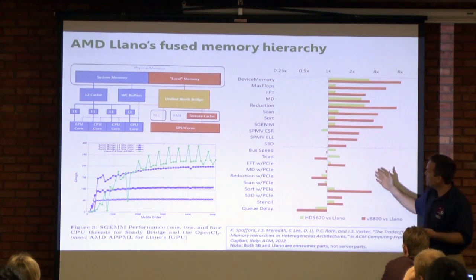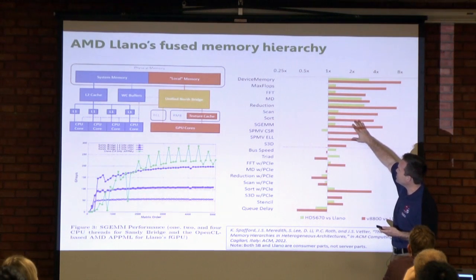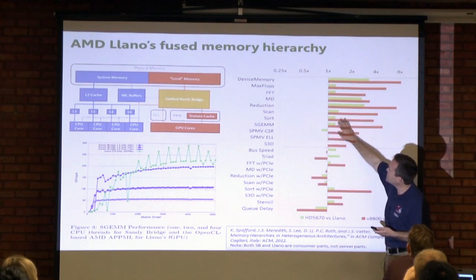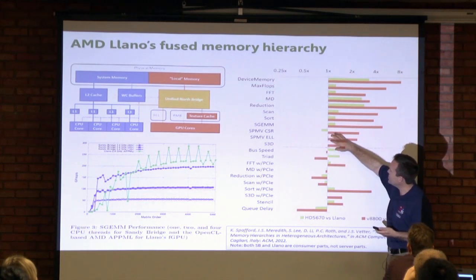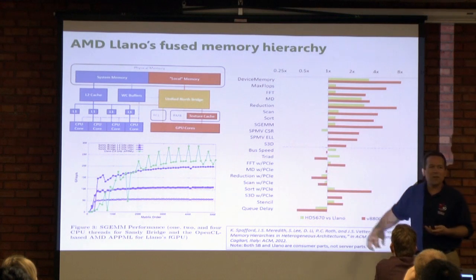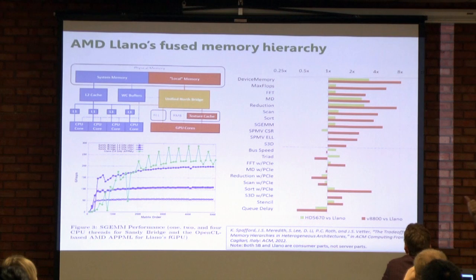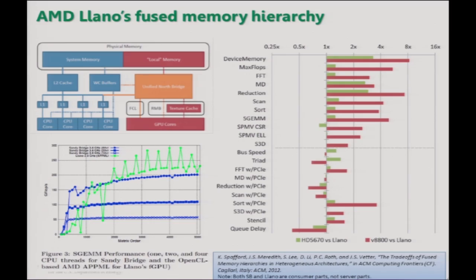What this shows you is the discrete GPU does really well if you have the data on the GPU and you can leave it there. It beats the on-chip GPUs almost every time. When you take away the PCI Express bus, it gets a lot more competitive, even though that's a smaller and slower GPU on board. This is the way it's changing, and this is what makes some of the software and performance tuning a lot more complex.